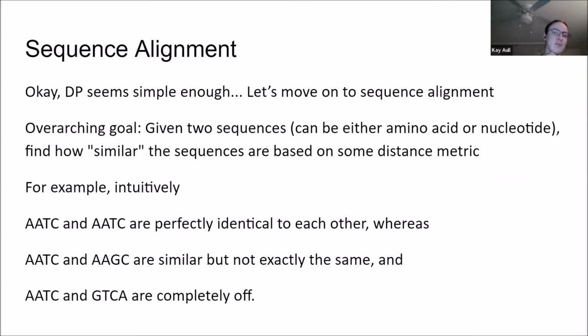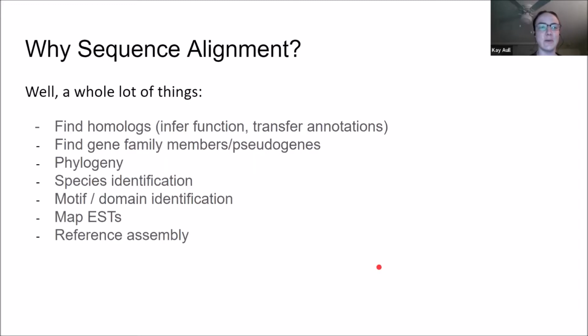If you have things that are off by 1, they're similar, they're not exactly the same. And then you can get sequences that just have nothing to do with one another. And you want to have a quantitative measure of how similar these things are.